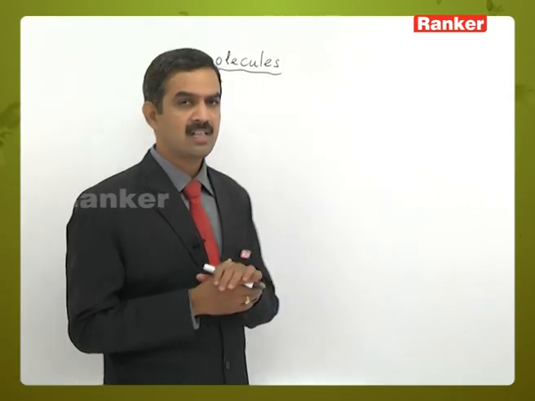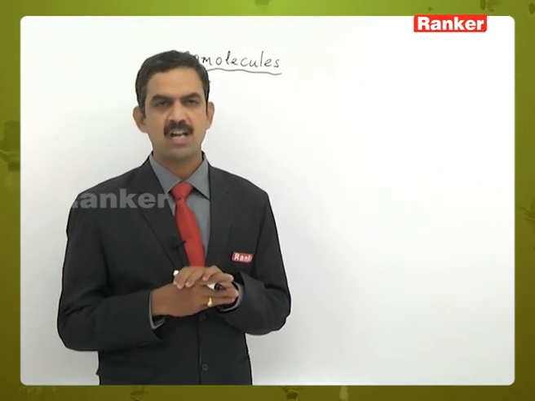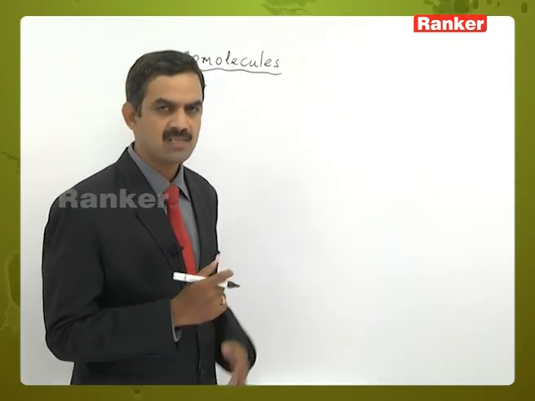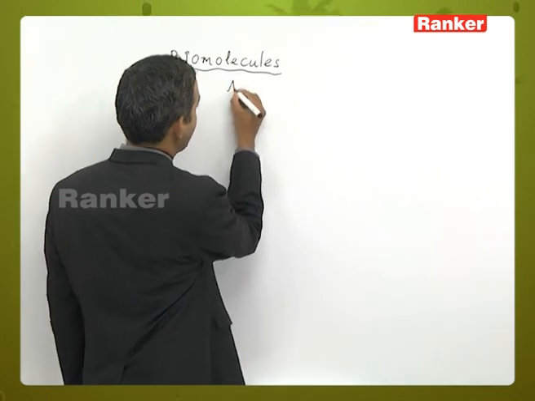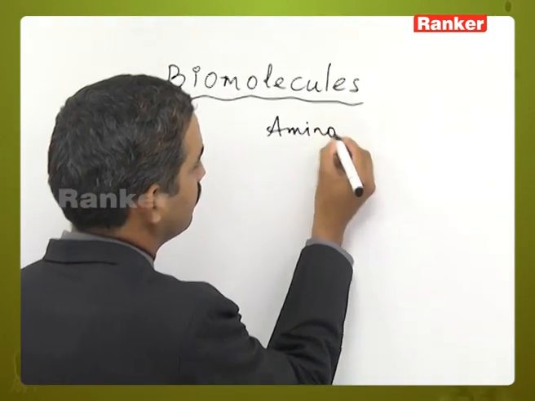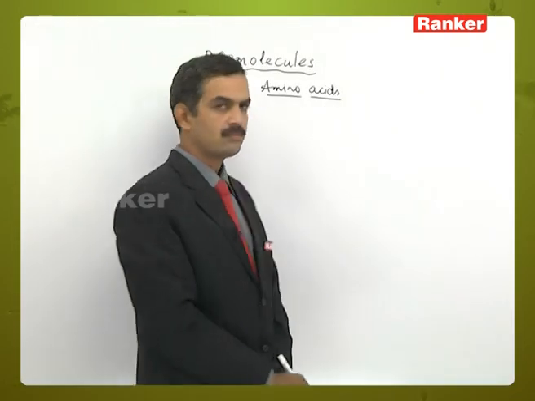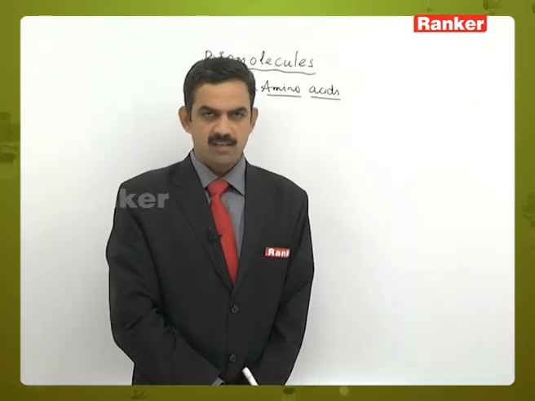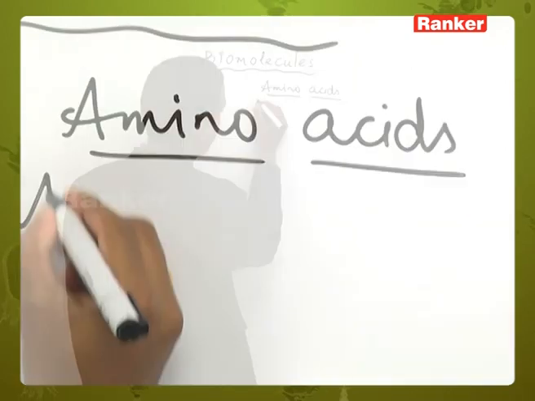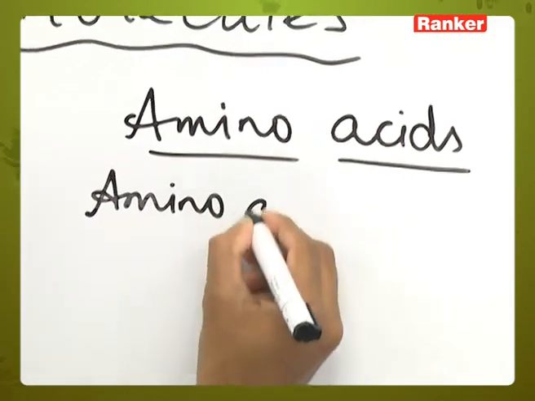So next, in the biomolecules, as we are saying, many such types of biomolecules are there. Let's start with the first one, amino acids. In general, we say that amino acids are the building blocks of proteins.